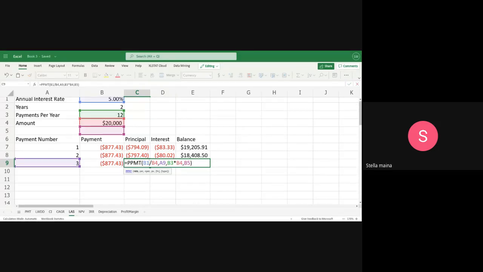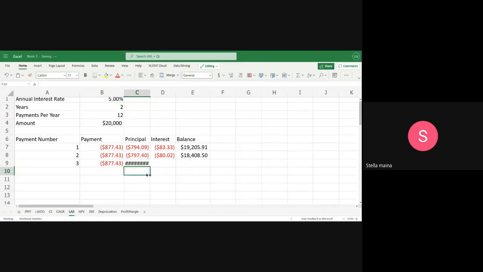I don't know why my Excel is not cooperating with me, or probably I'm just doing something wrong. I wanted it to autofill until our balance is zero. That is the goal. That's why I keep trying to autofill, just to avoid the hassle of having to write each and every line of code.